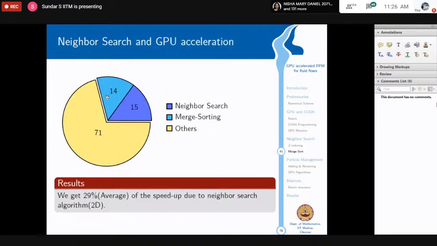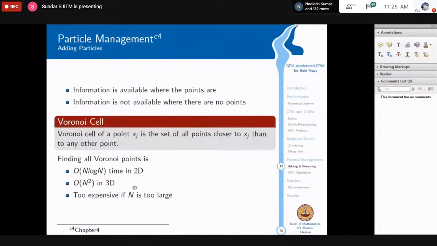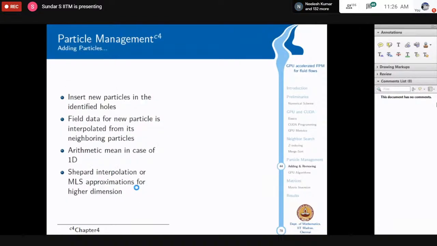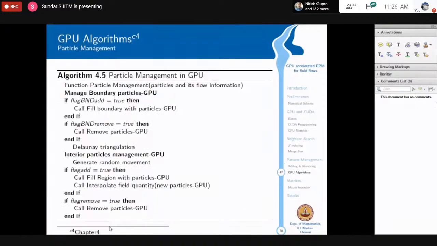So now, if you look at the neighbor search and GPU acceleration, I told you 15 plus 14. So neighbor search and merge sorting put together, I am getting 29% speed up for the algorithm in 2D. Okay. Particle management I have explained already. I don't want to tell it again, I am repeating the same thing. Why I am repeating it is that here I am giving you how much computational time it involves.